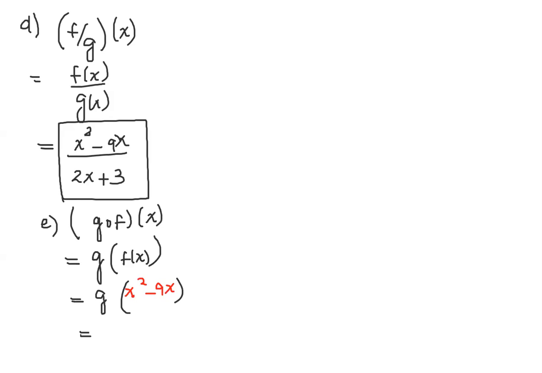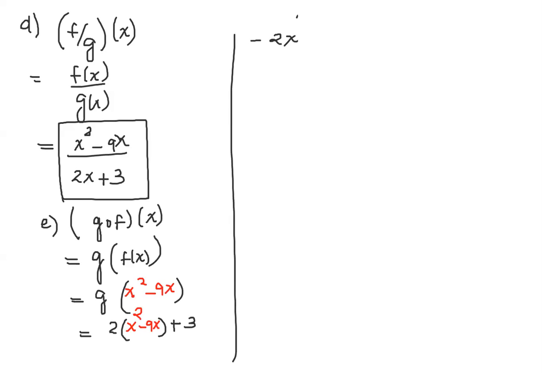G is actually 2x plus 3. So we are going to put this in for x. You're plugging f into g. So now distribute and combine the like terms. So we get 2x squared minus 18x plus 3, and there are no like terms. So that is our answer.